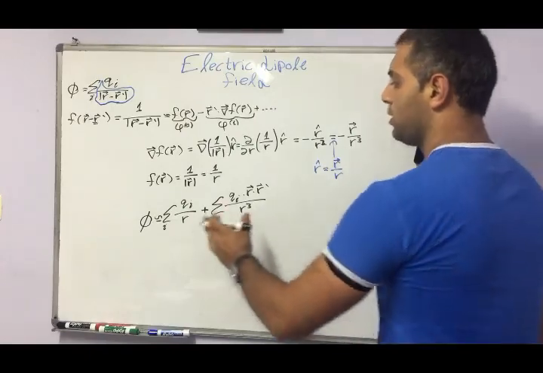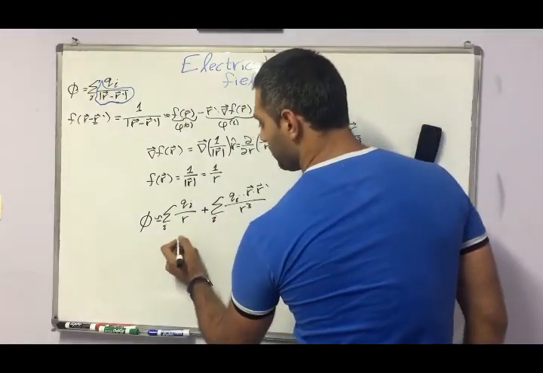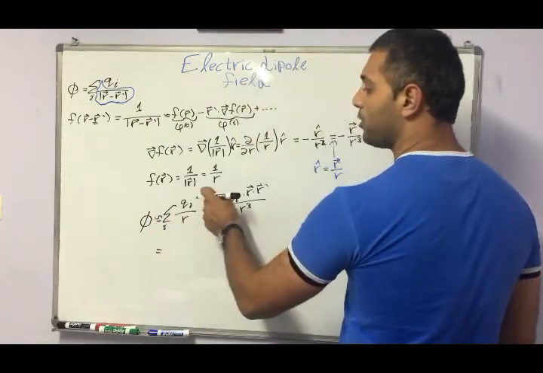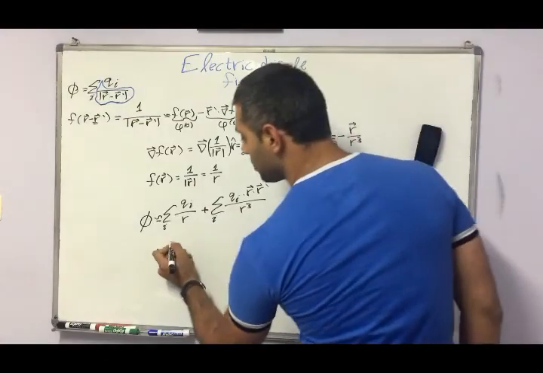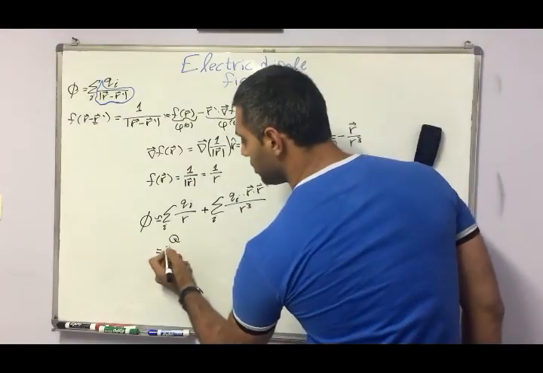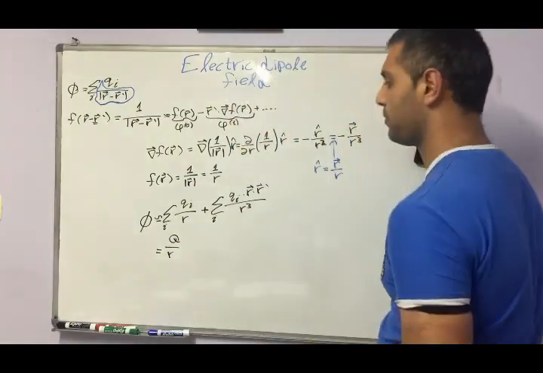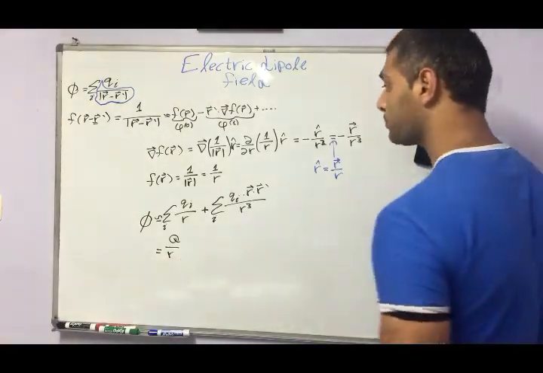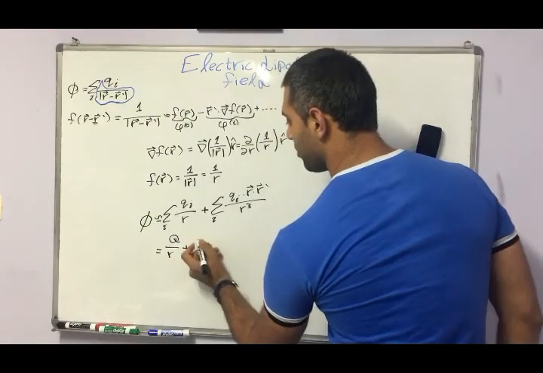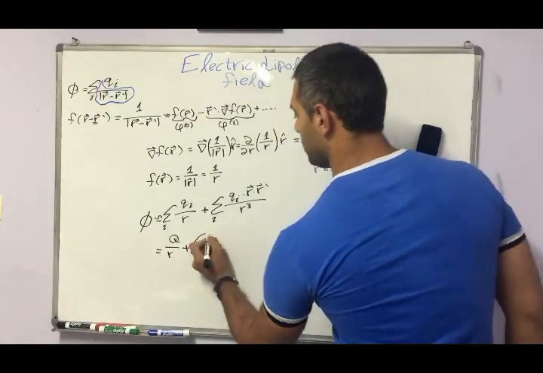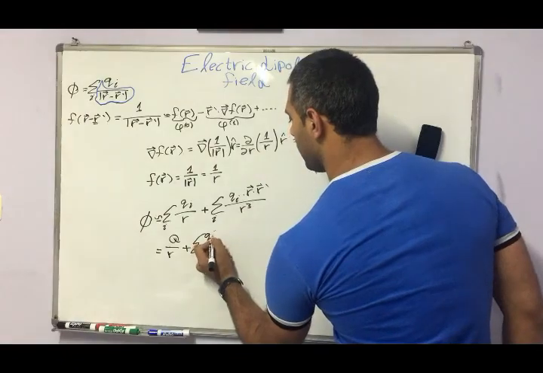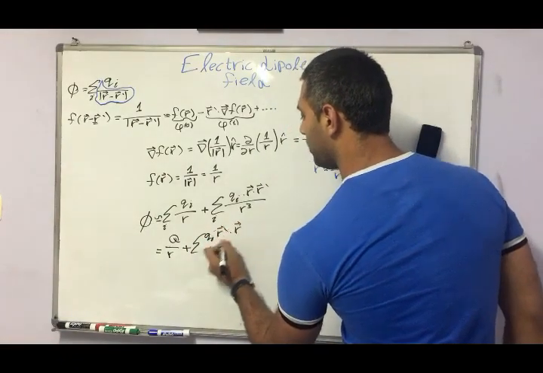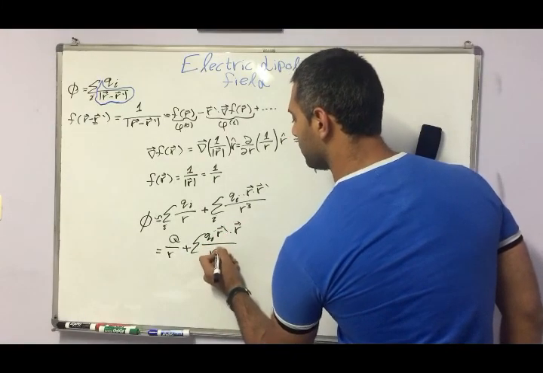Here we get that the summation over all the charges is actually the total charge over r. And this is merely the Coulomb potential plus another q_i r tag dot r divided by r cubed.